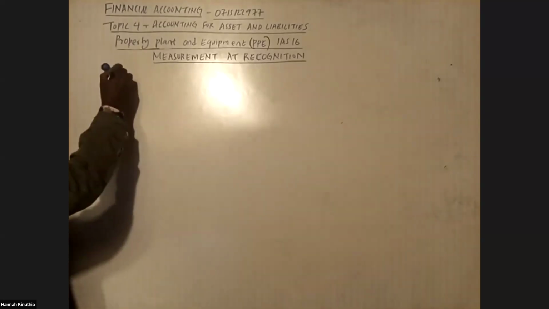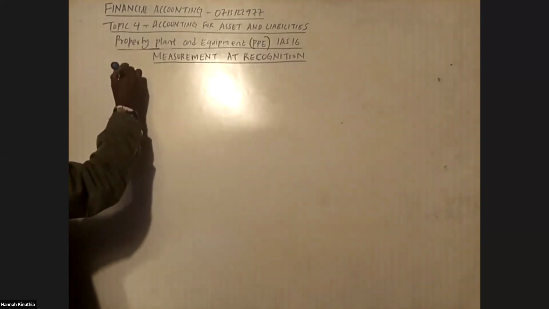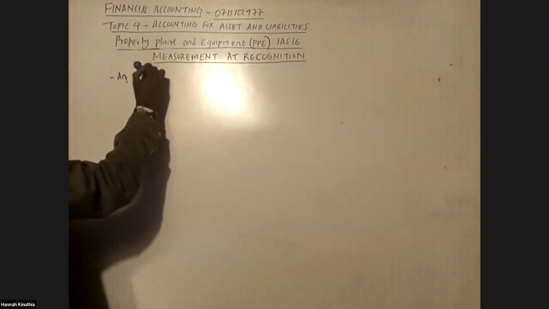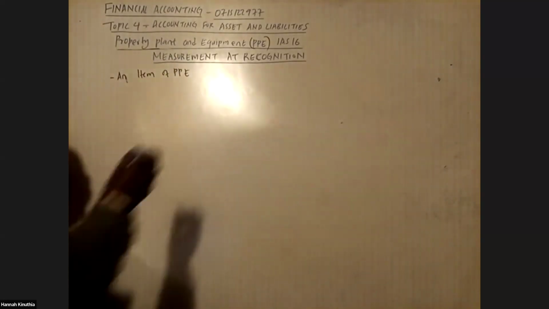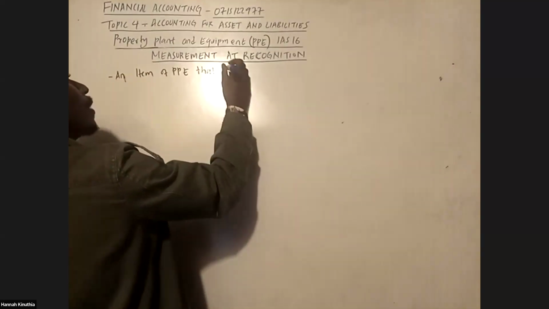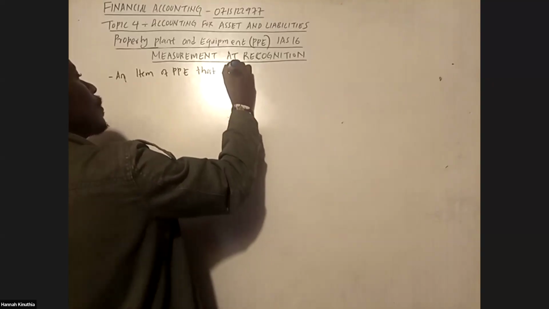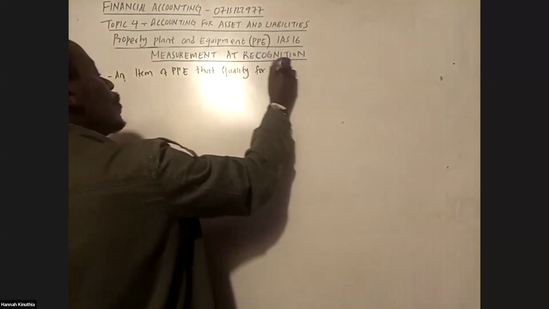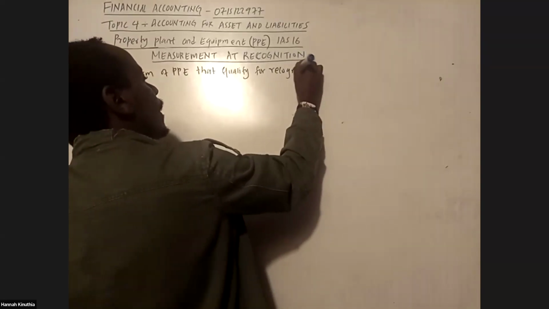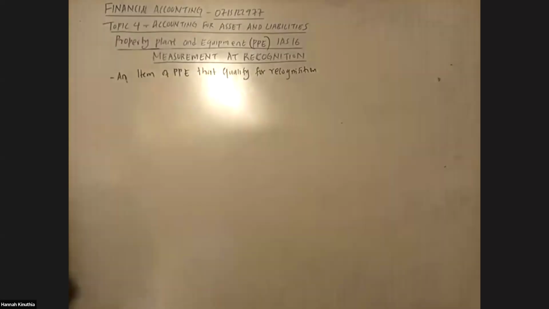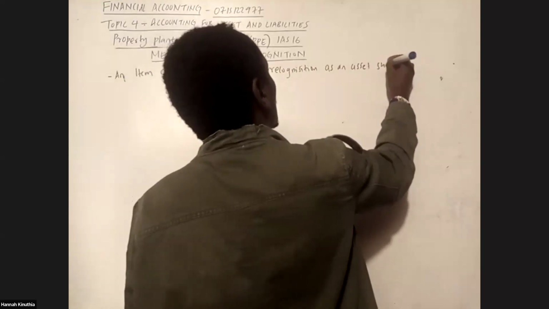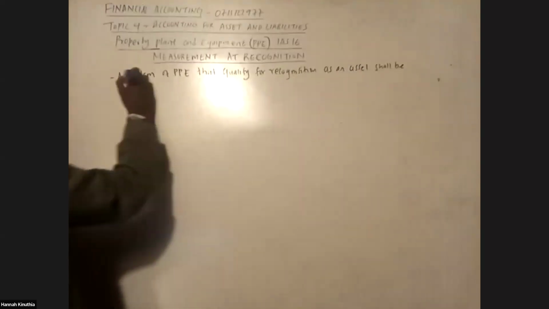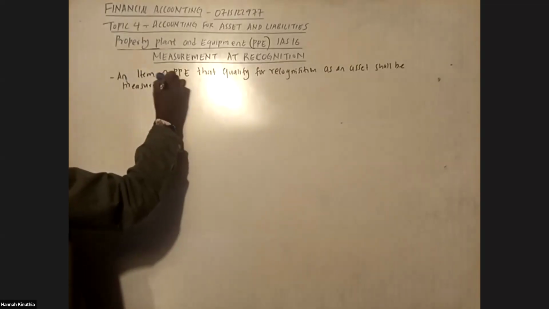Now we say an item of PPE that qualifies for recognition as an asset shall be measured at cost.